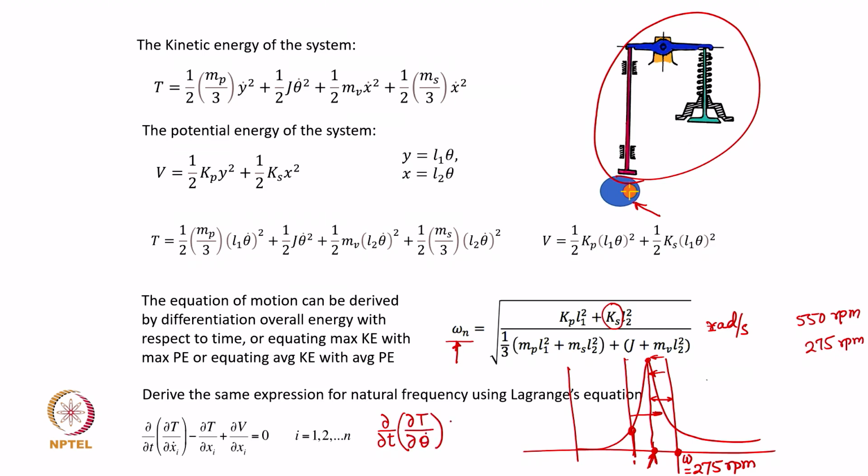So, you will have to first take the time derivative of this kinetic energy with respect to theta dot, minus dou T over dou theta, because our generalized coordinate is theta, and then plus dou V by dou theta equal to 0.